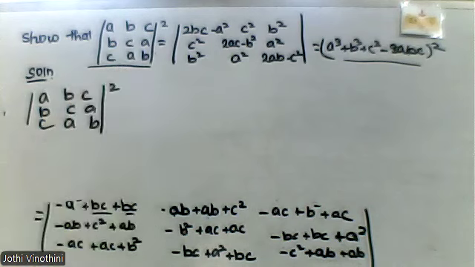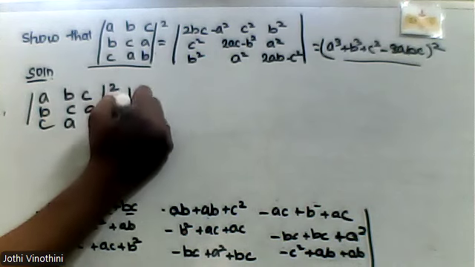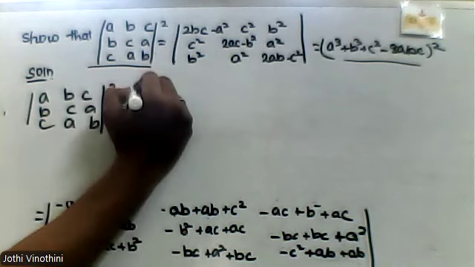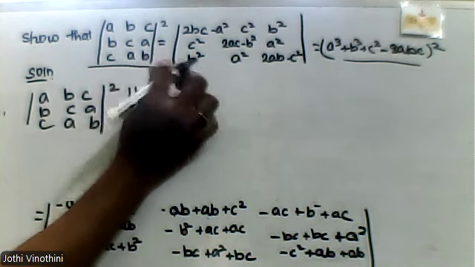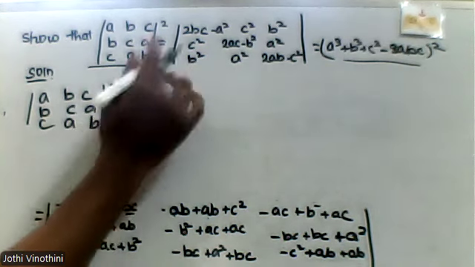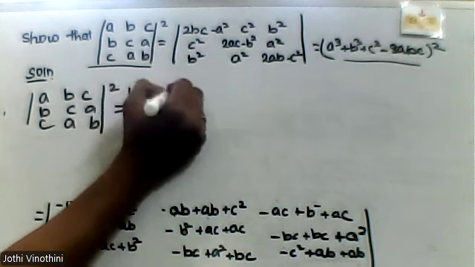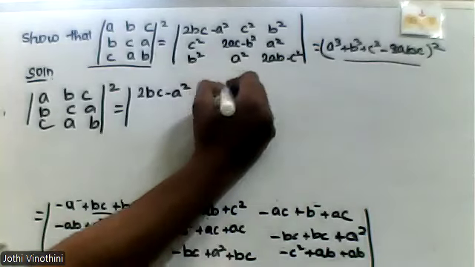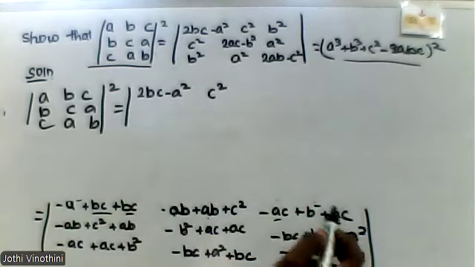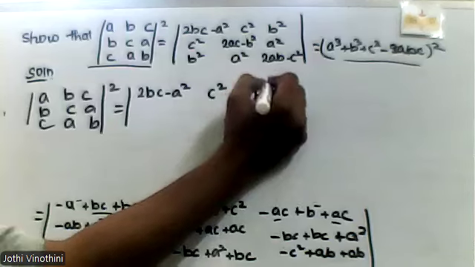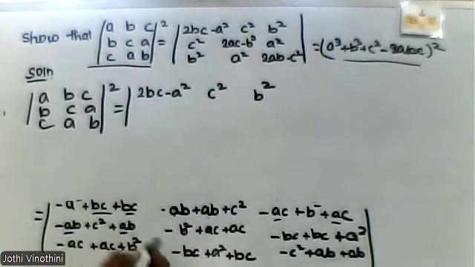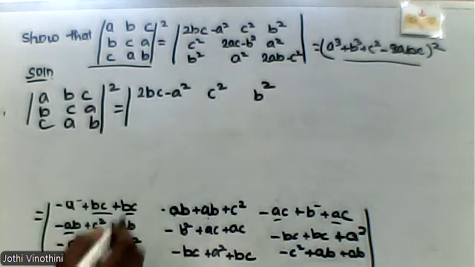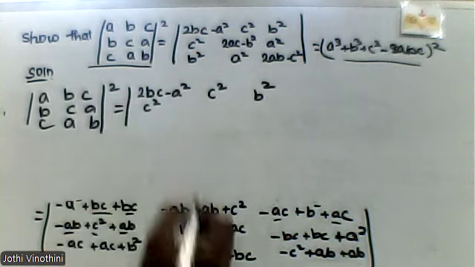This is the final result of it. First term: 2BC minus A squared, and in the second term minus AB plus AB get cancelled, leaving C squared. Here minus AC plus AC get cancelled, leaving B squared. Then minus AB plus AB get cancelled, and we have C squared.